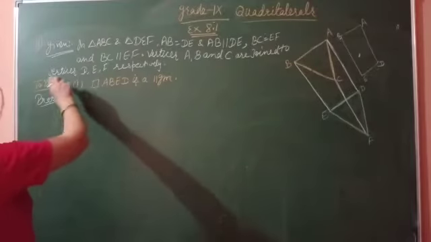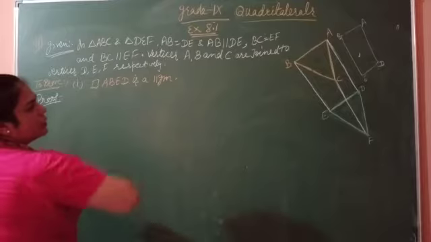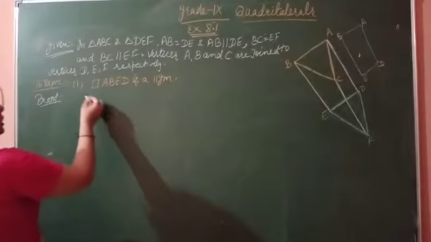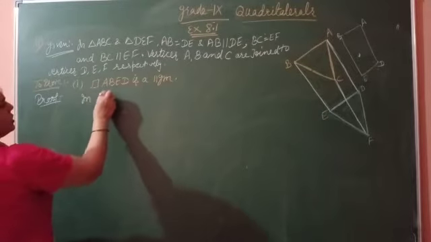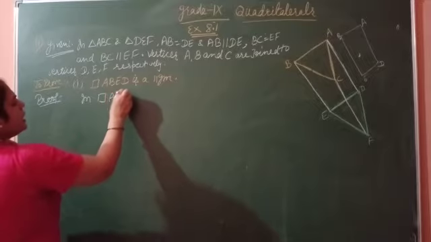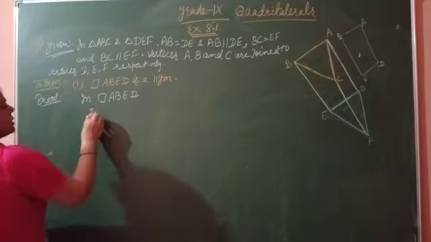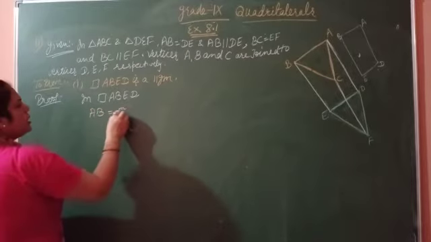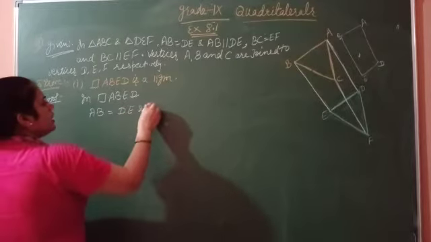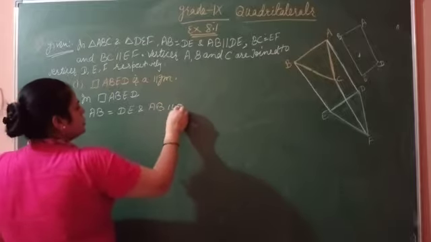So let's start with the proof of the first part. In quadrilateral ABED, we are given AB equal to DE and AB parallel to DE.